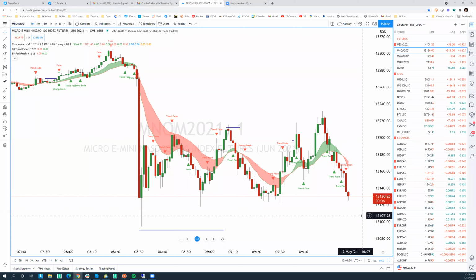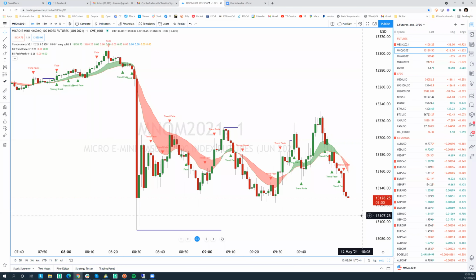Another fresh low here would give us a fade trade. Well, we need to see lower lows here. That means it would need to break 25.50, and it does.